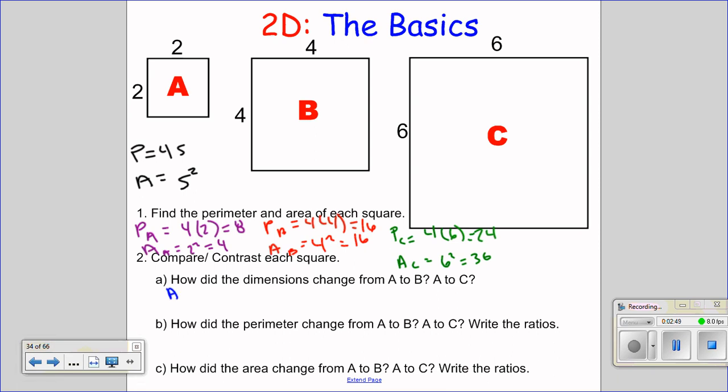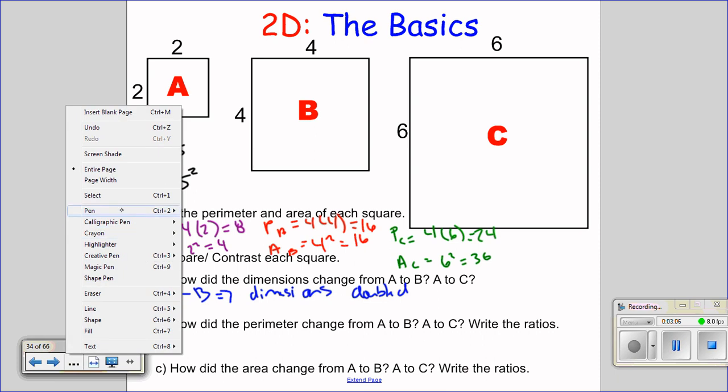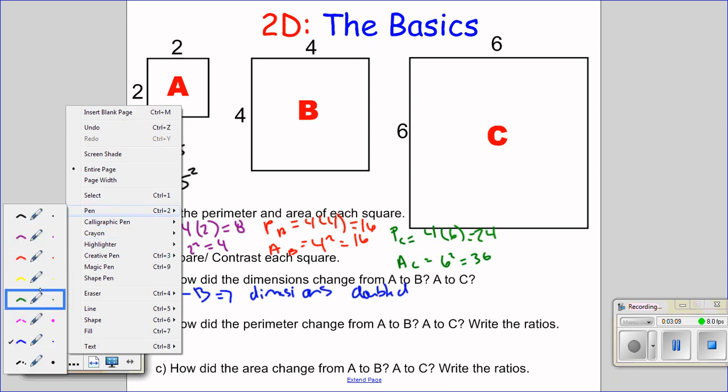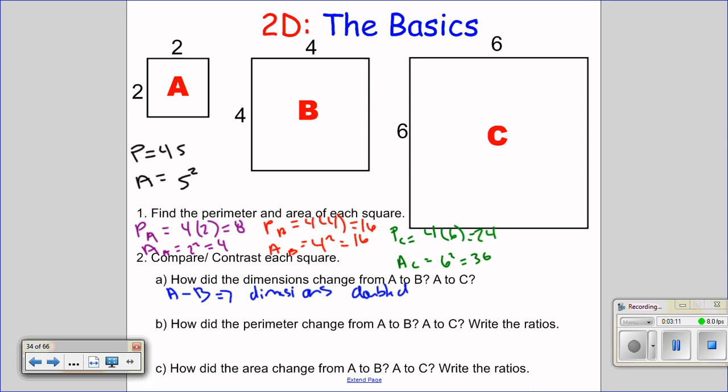So from A to B, the dimensions doubled. And then from A to C, the dimensions tripled because 6 is 3 times as large as 2.